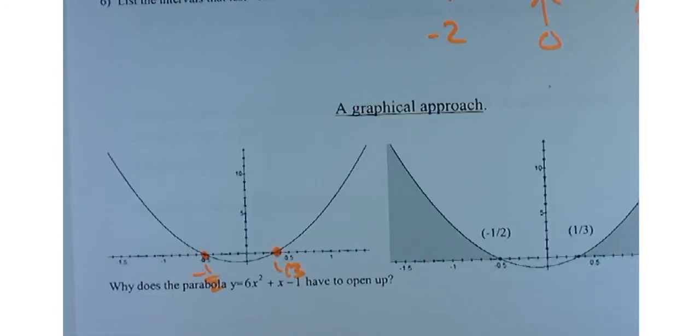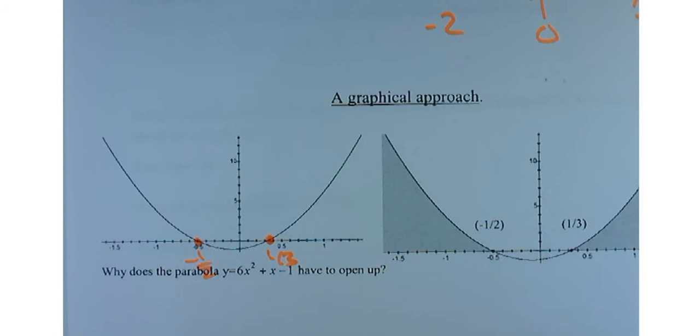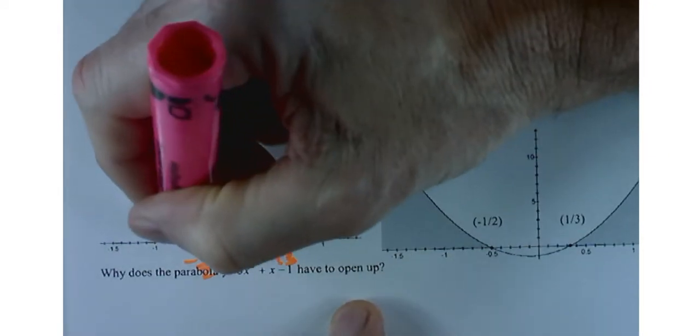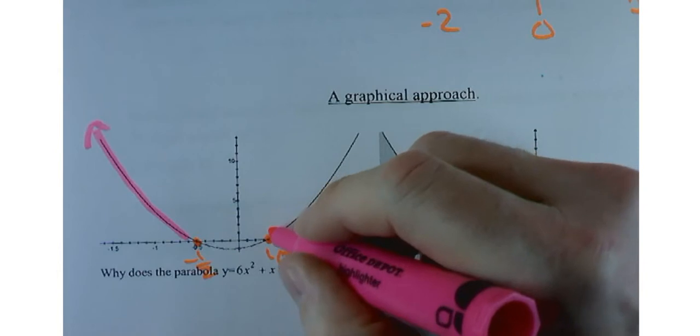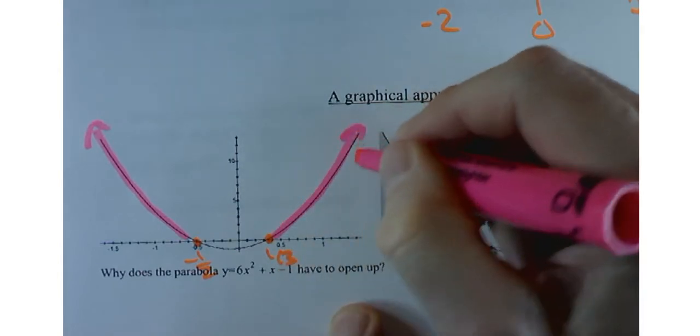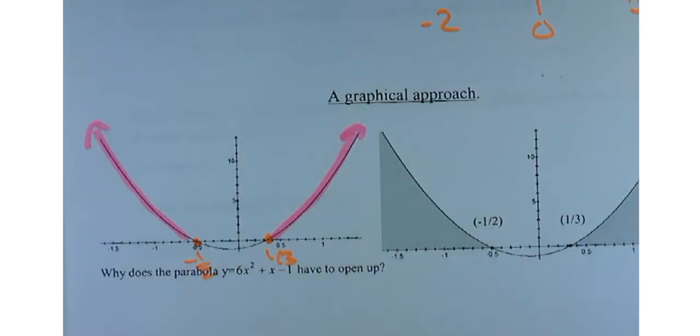So if you're looking to figure out where this is positive, where this graph is greater than 0, that's where it's above the x-axis. That starts here and continues out that way, and there. So that's where this is above the x-axis. But keep in mind, you're going to be asked for answers that are intervals along the x-axis.